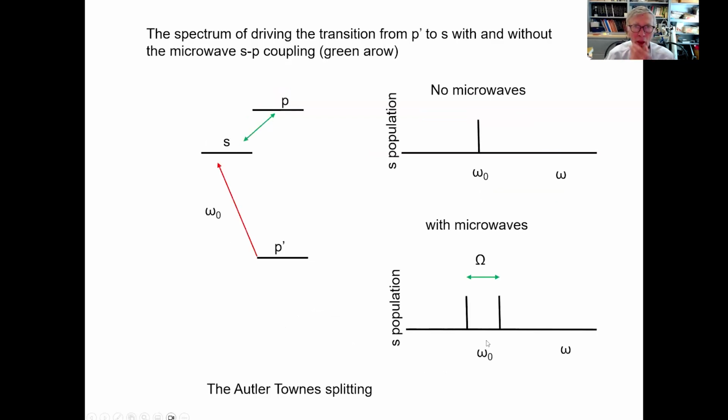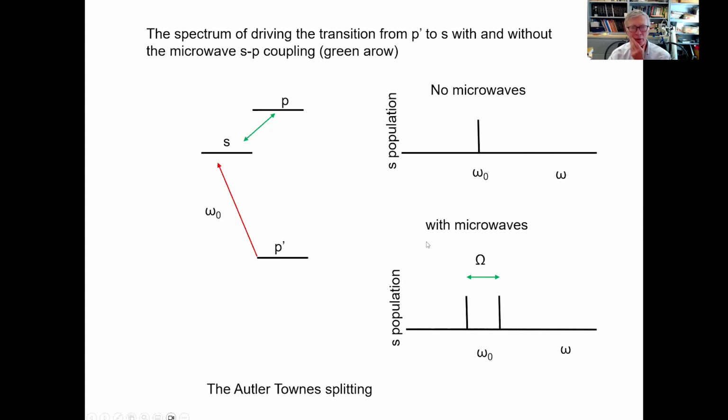Okay, so I would now like to consider what the spectrum would look like if I were trying to drive the atoms from state P prime to state S. First, without any P state. Well, if I scanned this microwave frequency and looked at the S population, at the resonant frequency, I would see a spike.